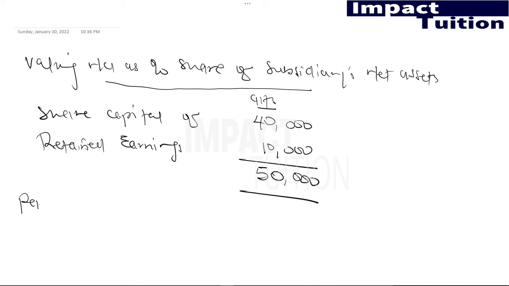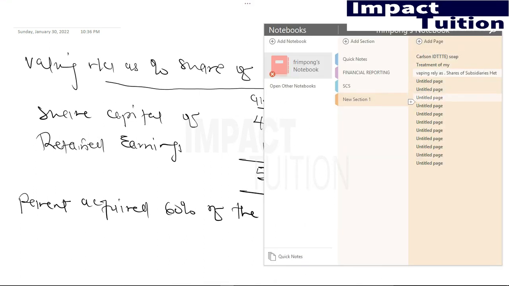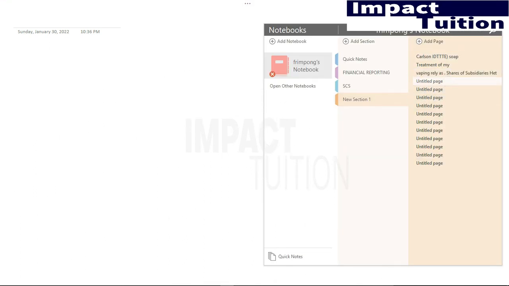The parent acquired 60% of the subsidiary. Right. Let's compute the NCI. It's quite easy.